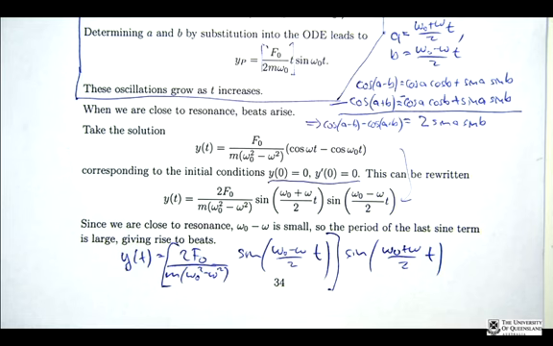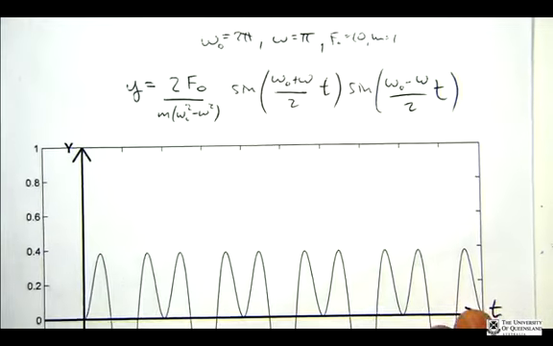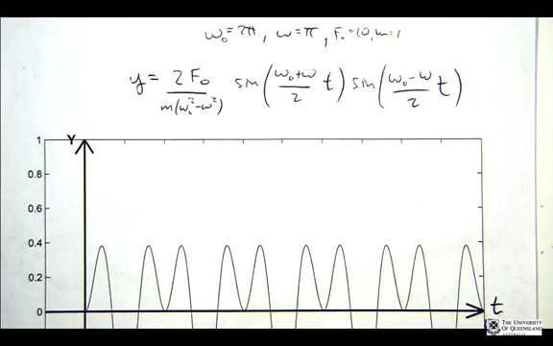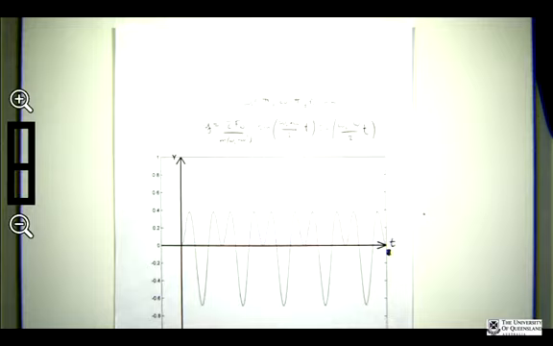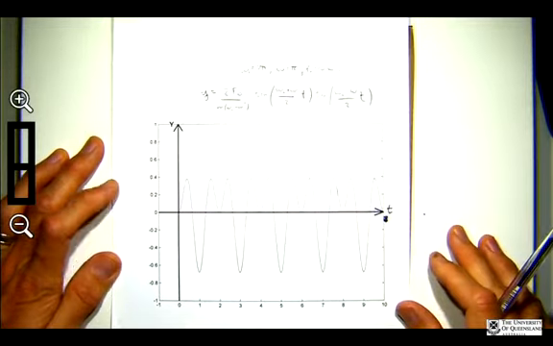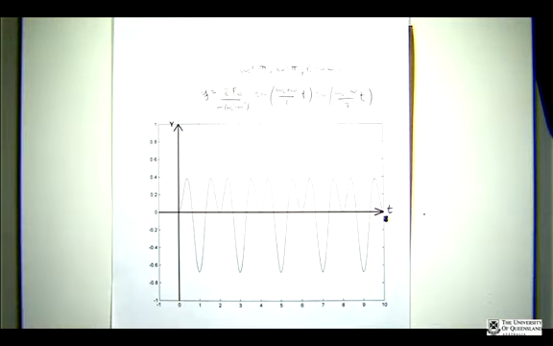I've got a couple of plots of some different values for a particular example. Let me zoom out a little bit so we can get this all on one screen. This is the solution to the initial value problem that I stated before, just this function rewritten with a couple of values for omega naught and omega.